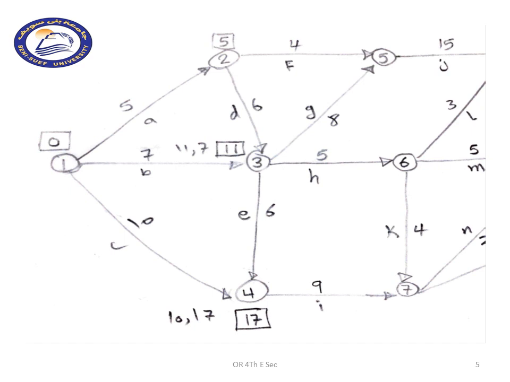Node number 3 is receiving times from node number 2 and node number 1. The time coming from node 1 to node 3 is 0 plus 7, which is 7. The other time coming from node 2 is 5 plus 6, which is 11.